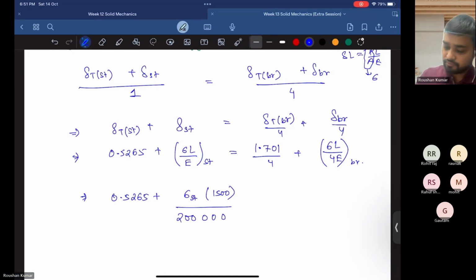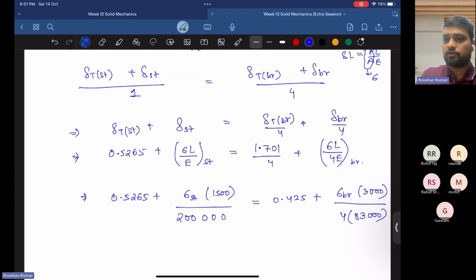This gives 0.425, plus sigma of the bronze times 3000, because the length is 3 meter, upon 4 times 83,000, because we have to convert all the units into megapascal.